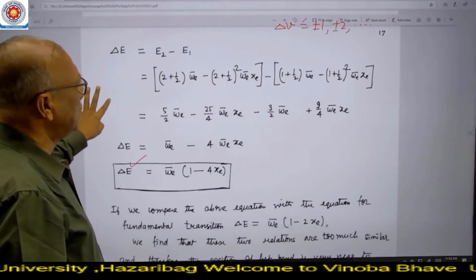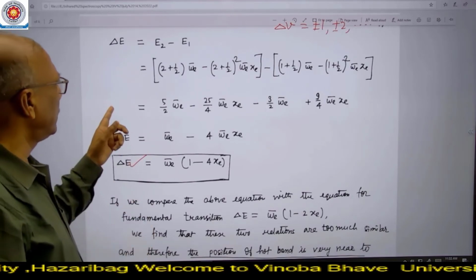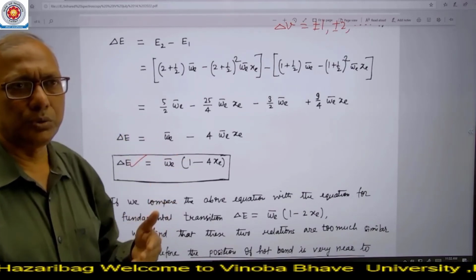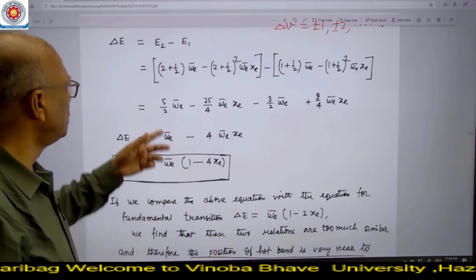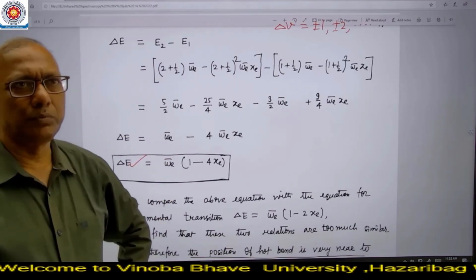Now, if we want to calculate the energy required for the hot band transition from V equal to 1 to V equal to 2, then we can write delta E equal to E2 minus E1.